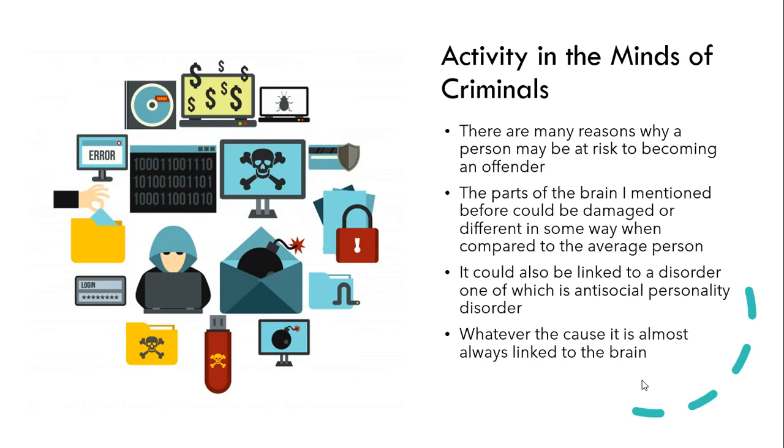According to the Mayo Clinic, people with antisocial personality disorder typically have no regard for right and wrong. They may often violate the law and the rights of others. As it says on the slide, whatever the cause of criminal behaviors in humans, it is almost always linked to the brain.